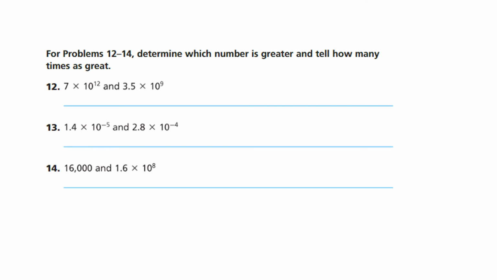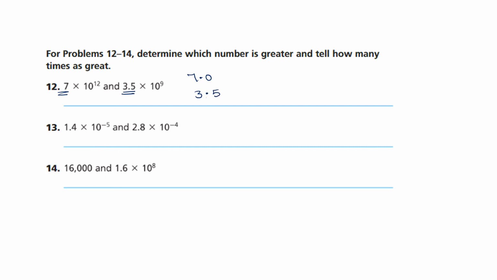This is the last example. Because the other examples are almost the same, you can work on them, but here it is a little bit different, so let's make a practice. Here, determine which number is greater. Okay, so look at this. This is 7, so 7 can be written as 7.0 and this is 3.5. Now we know 7 is greater than 3.5, right?